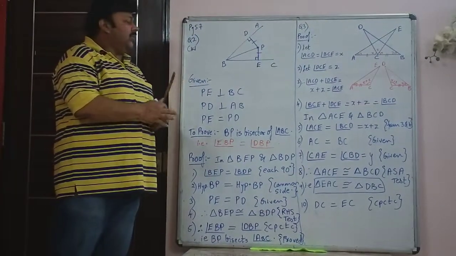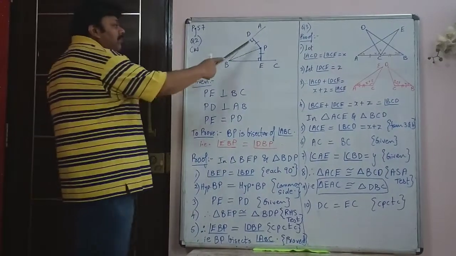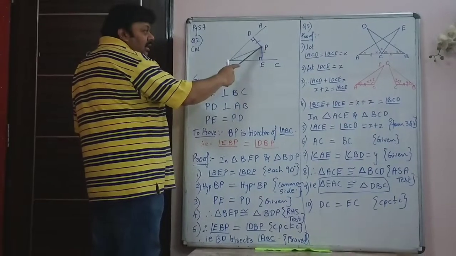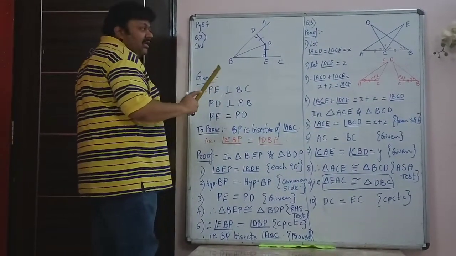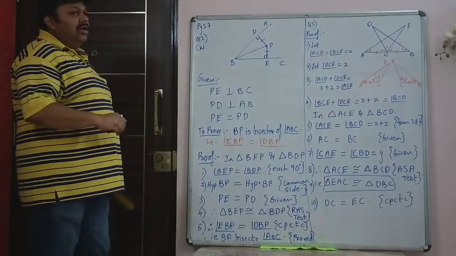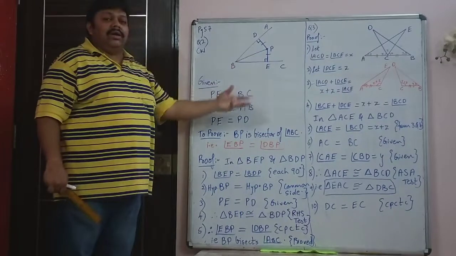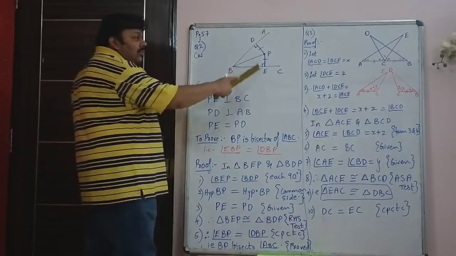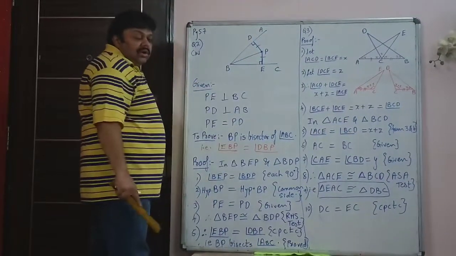So P is any point inside that angle, and you are given that PE is perpendicular to the side BC and PD is perpendicular to AB. That is given. And you are also given that PE and PD are equal in length. So not only are they perpendicular to the corresponding sides, they are also equal in length.